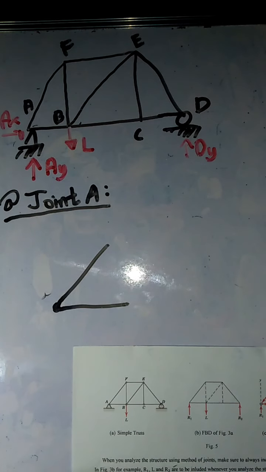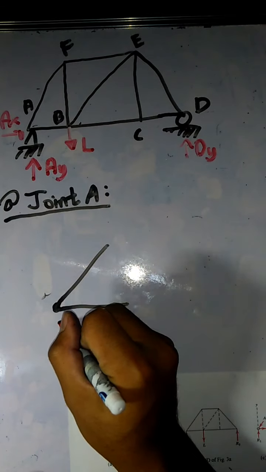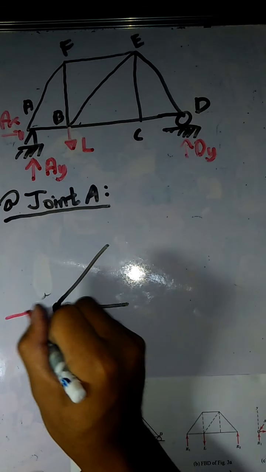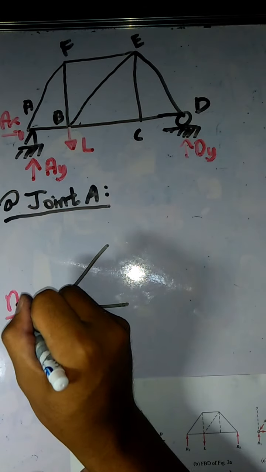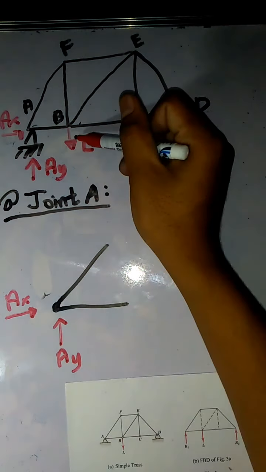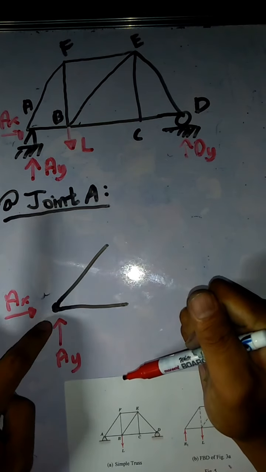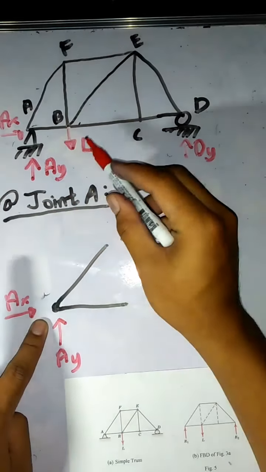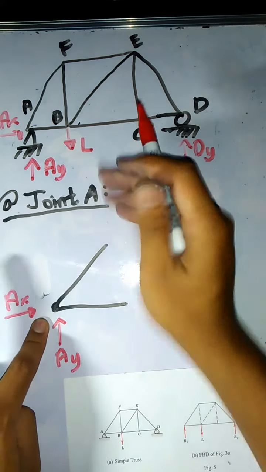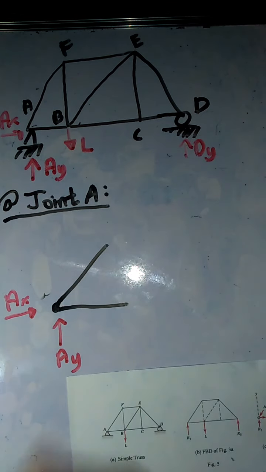So, there we have forces AY and AX. Okay? As you can see, there is a load at point B, L. But if we analyze joint A, the load L will not be included. Okay? Only this joint itself. So, this is point A.